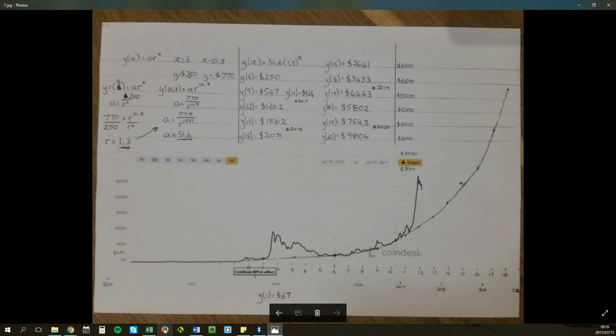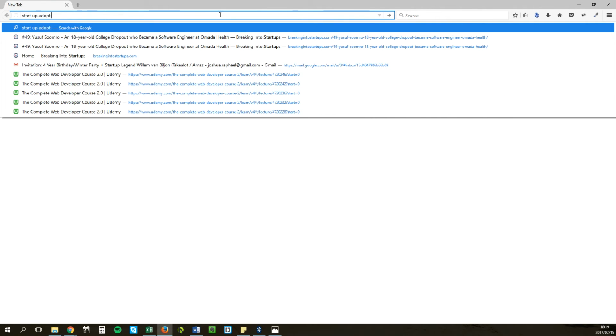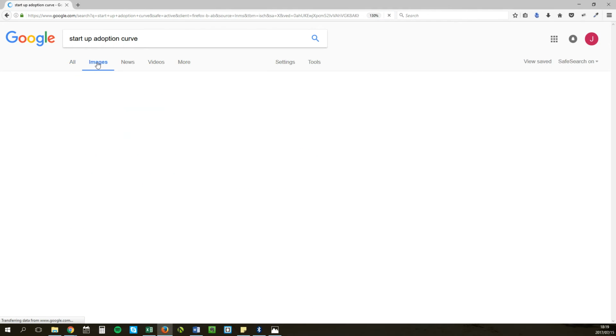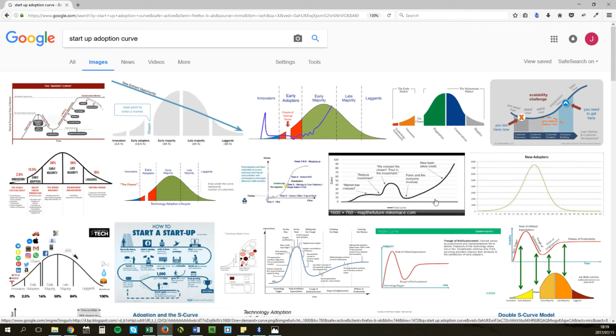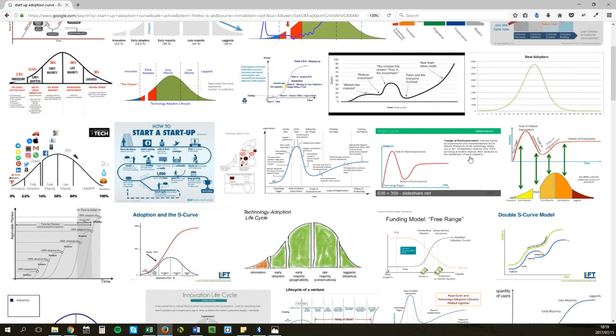And if we have a look here quickly, with any new technology, you've obviously got your early adopters, your early movers, the chasm, the early majority, late majority, and the laggards.